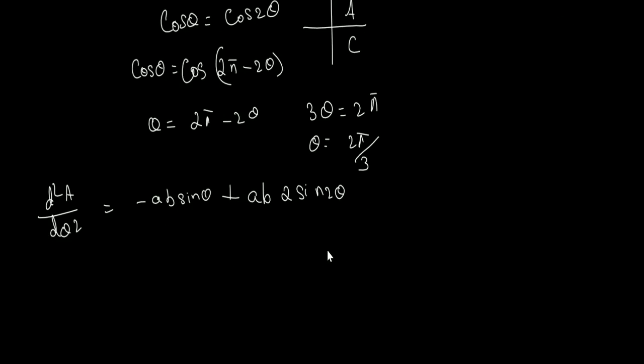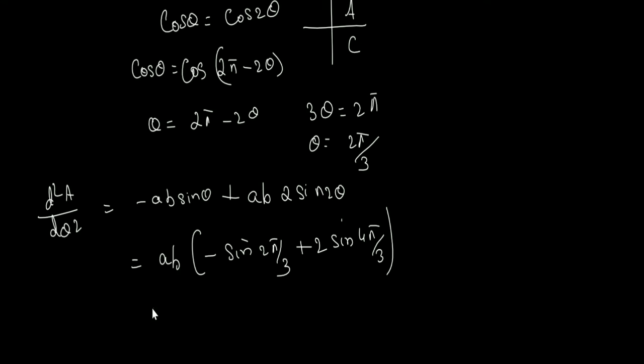Now substitute the value theta is 2 pi by 3. So it is equal to AB, you take it out, minus sin 2 pi by 3 plus 2 into sin, 2 into 2 pi by 3, so 4 pi by 3.